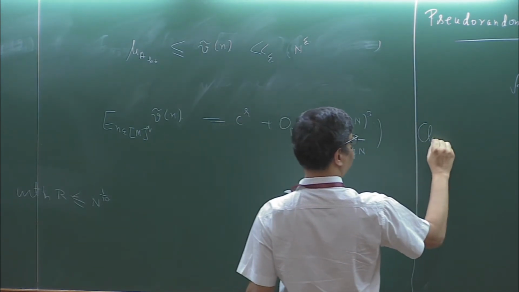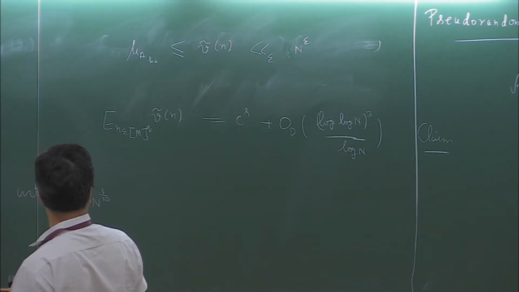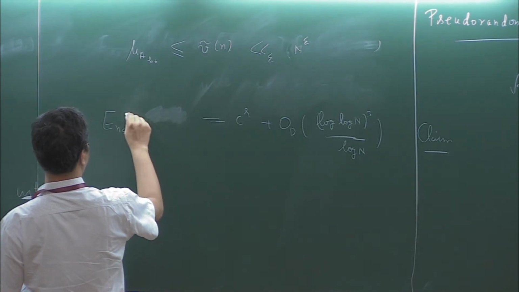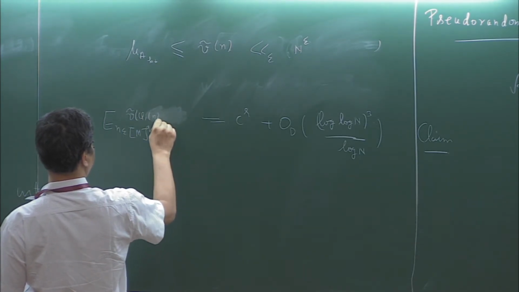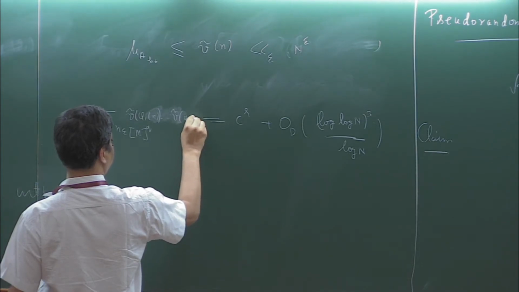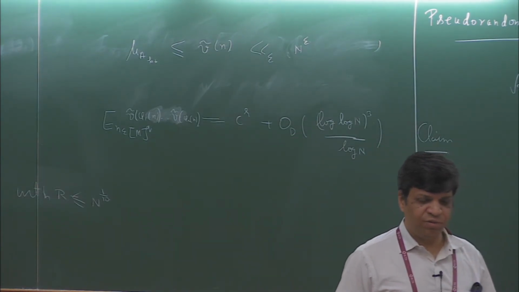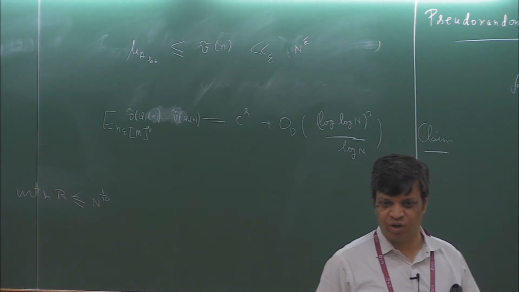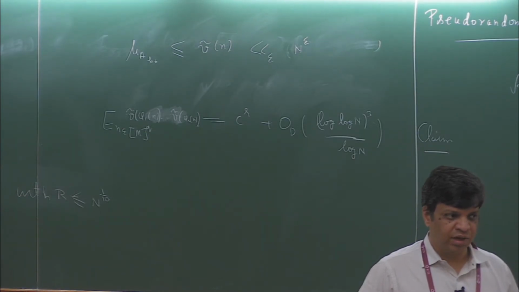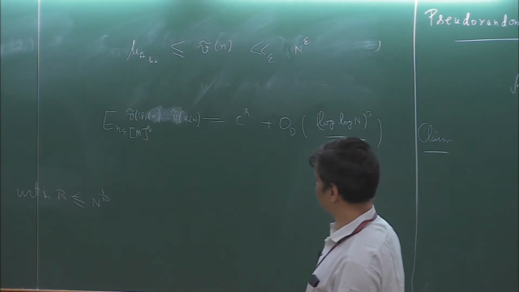Claim: if the E_i's are affine linear maps from Z mod qZ to Z to the r, of finite complexity, then this holds.